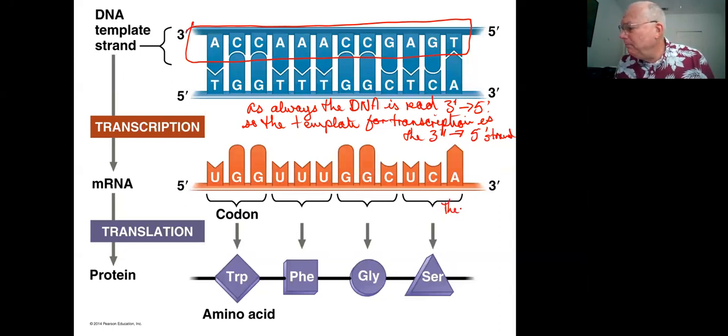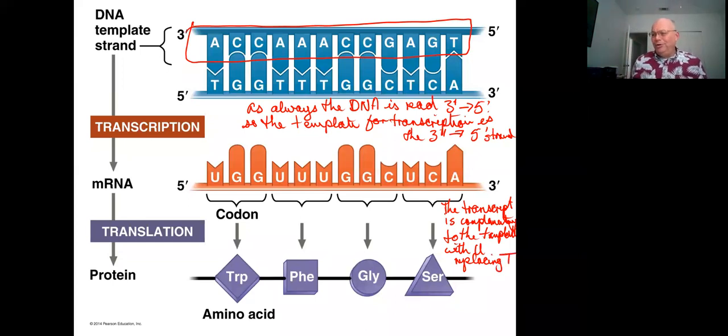So I'll put here the transcript is complementary to the template, with U replacing T, as we know it should. So here is the template strand. So A is complemented by U, C is complemented by G, and so on down. And that gives us then the messenger RNA.